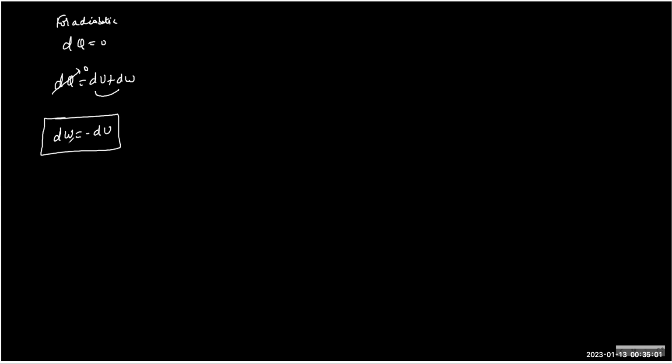So a sudden expansion of gas will undergo loss of its internal energy, because I'm not giving you any energy. You want to expand, so what will be consumed? Your own saved energy, isn't it? And that is what the formula is saying, that dW is minus dU, which means work is done by the gas at the expense of loss of its internal energy. Do you realize this for the adiabatic process? Yes, sir.